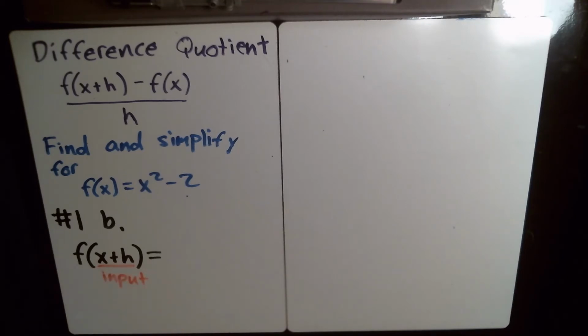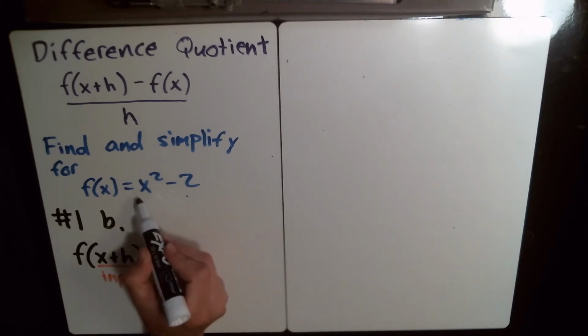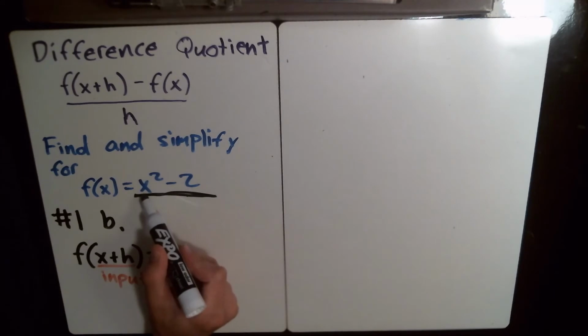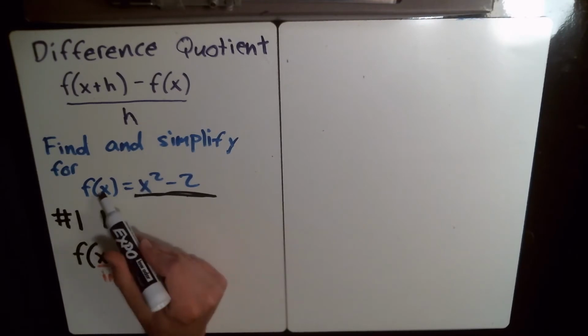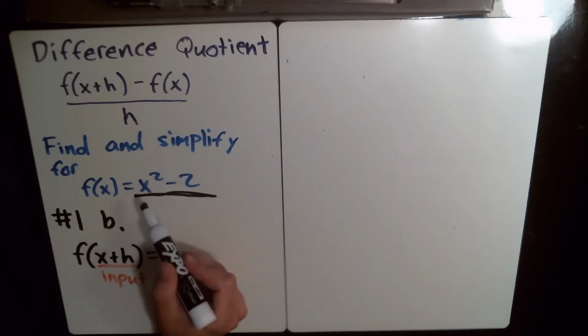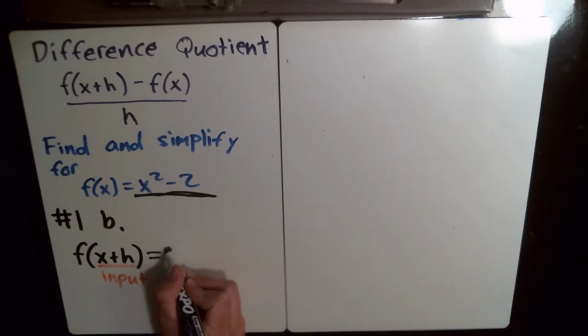So what I need to do here is I'm going to take my equation for f of x right here, and everywhere x is the input of the function, I'm replacing it with x plus h, right? That's my input. So everywhere there's an x, I replace it with x plus h.